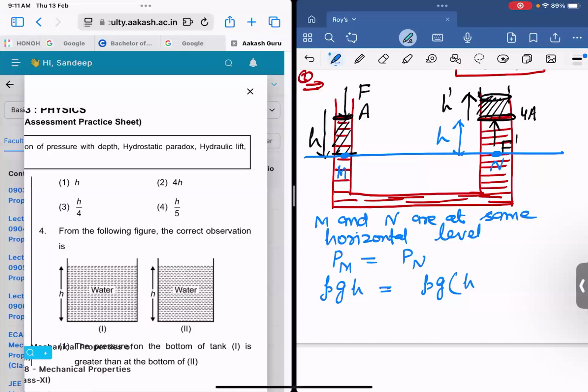Or we can also say that the volume remains the same.